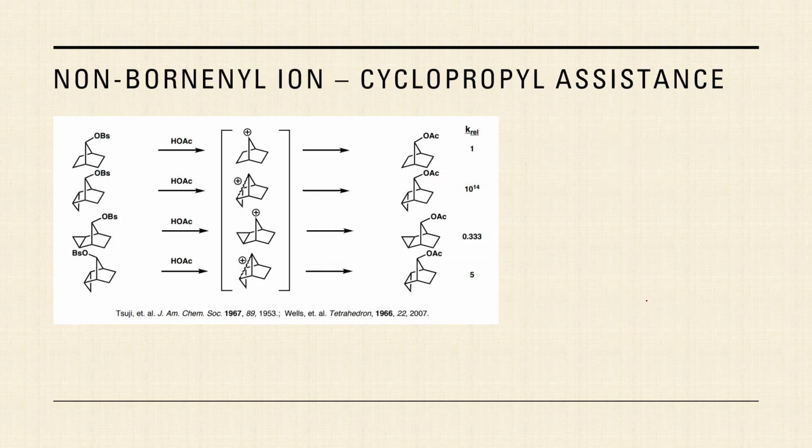Exactly same चीज हम नॉन बोर्नोनाइल के साइक्लोप्रोपाइल रेसिस्टेंस में ऑब्जर्व करते हैं. देखो OBS निकल रहा है without any assistance. OBS is going out and there is a cyclopropyl system which is present over here. तो यह साइक्लोप्रोपाइल ने इसको कुछ असिस्टेंस प्रोवाइड किया and therefore can you see that the rate is so large. यहां पे असिस्टेंस प्रोवाइड करने के लिए the orbitals are not in proper orientation, but over here it could happen, but the orientation of OBS is not good.